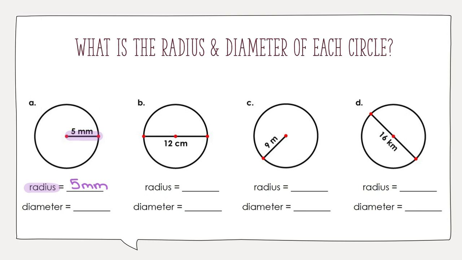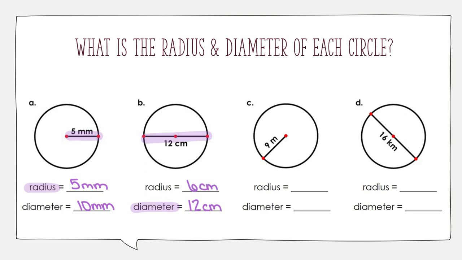Colin? 10 millimeters. Very good. All right, on B, the 12 centimeter segment, is that the radius or the diameter? Okay, that's the diameter. So we would mark the diameter as 12 centimeters. If the diameter is 12, what is the radius? 6 centimeters. Good.